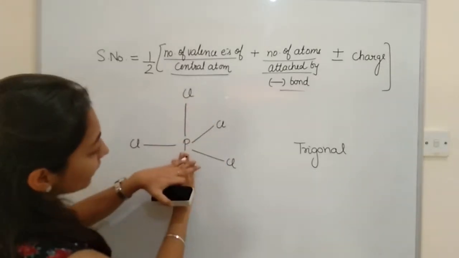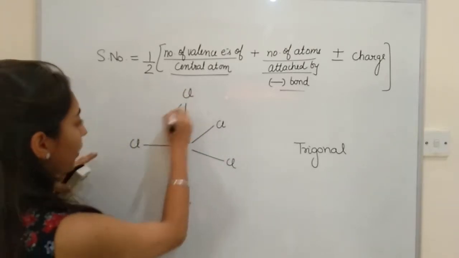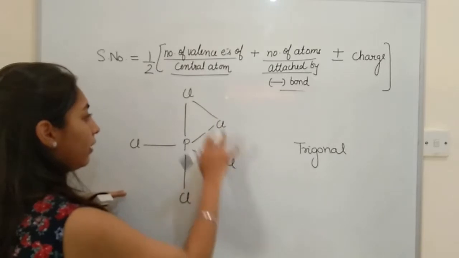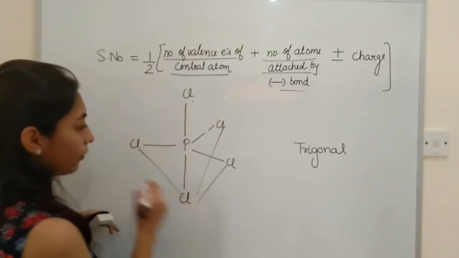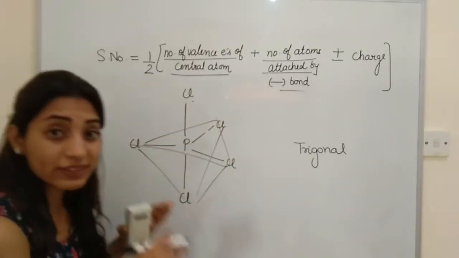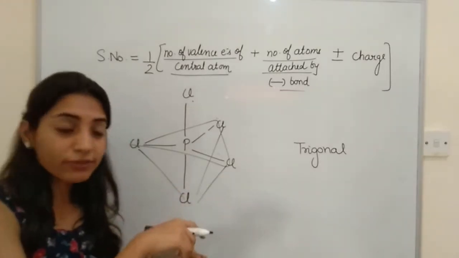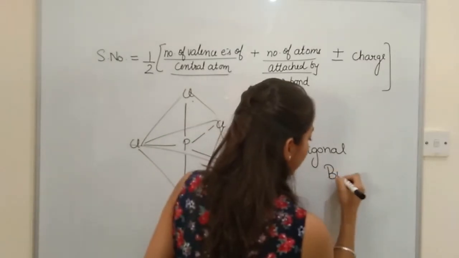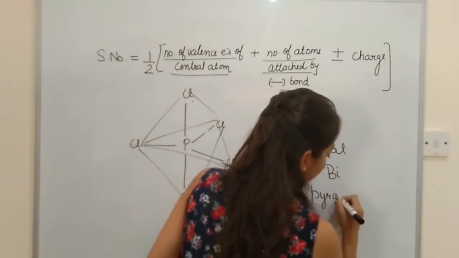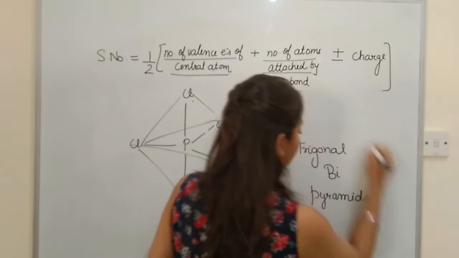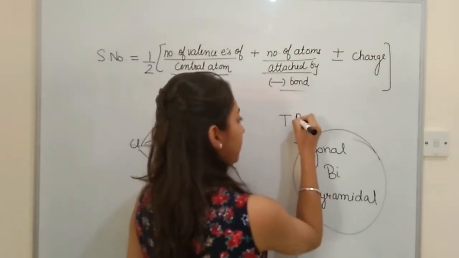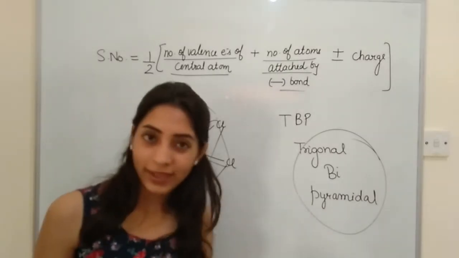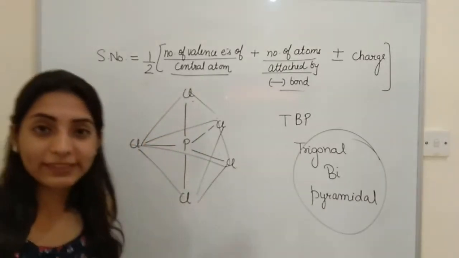Now, forget this Cl, just imagine, isn't it a pyramid being formed? So this pyramid is formed on the triangular surface and there are 2 such pyramids, so we call it trigonal bipyramidal. So the shape is known as TBP, trigonal bipyramidal shape. Understood? So this was all about PCl5.